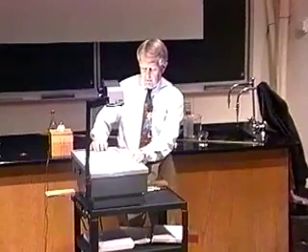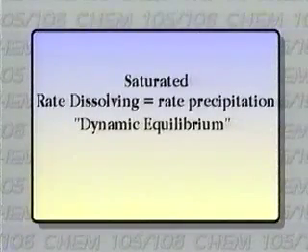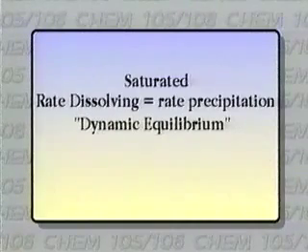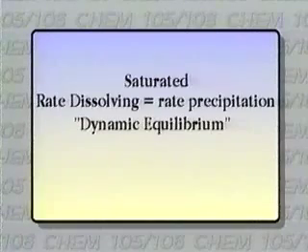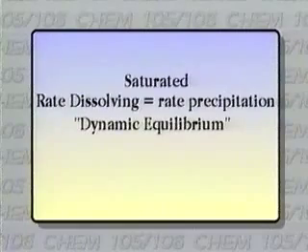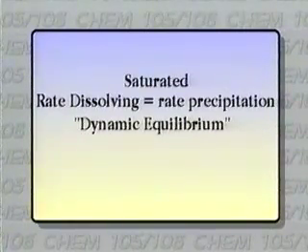But once we have reached dynamic equilibrium and the rate of dissolving has become equal to the rate of precipitation, we say that the solution has become saturated. It has the maximum amount of solute in it at that particular set of conditions: temperature, pressure. A saturated solution has the maximum amount of solute dissolved at those set of conditions.